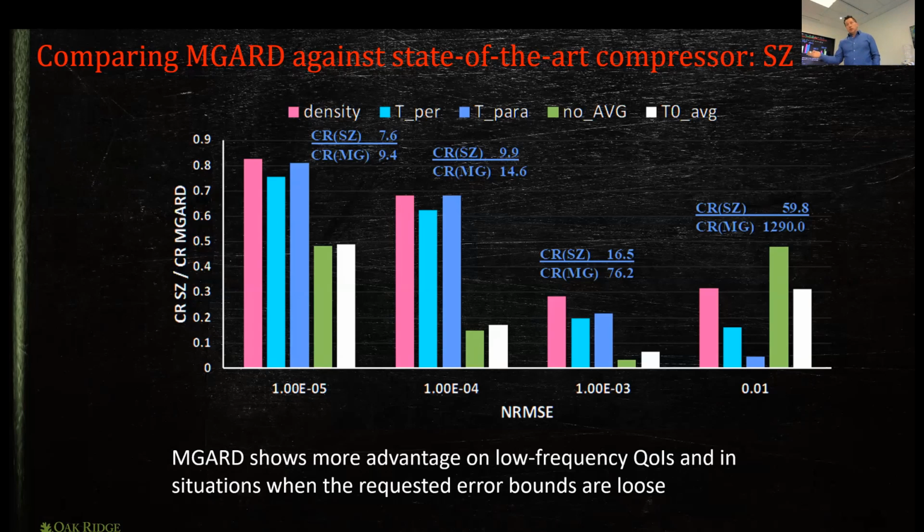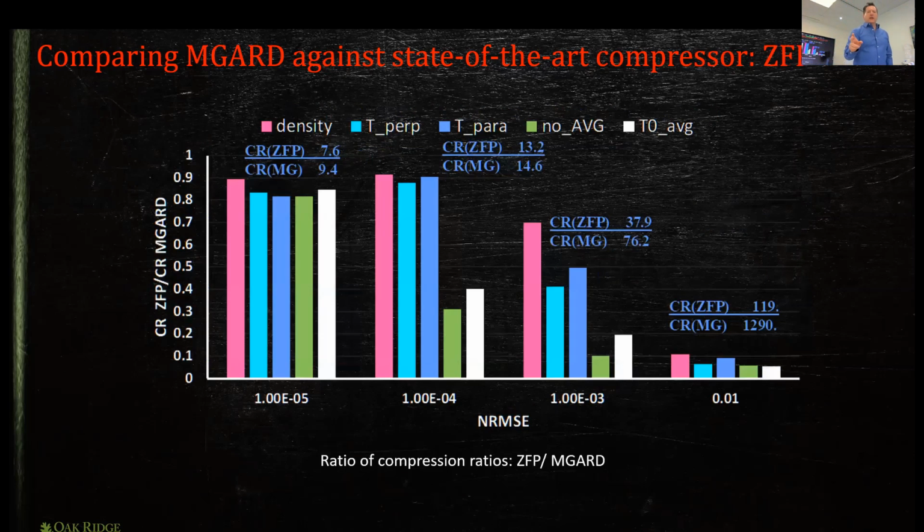They can try to empirically show you, but as I tried to say, even with MGARD, if I can't guarantee it, I don't know. And that's what we showed for the nonlinear, that there's nothing we can do. So the point is, you have to care about this. And this is, again, compared to the ZFP.